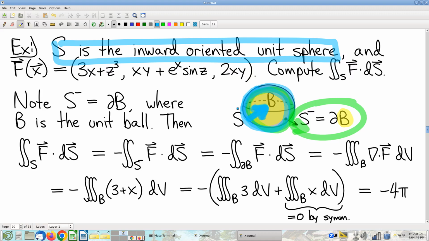We've been asked about the blue surface. I'm going to try to rephrase the question about the blue surface to instead be about the green surface. And here's, of course, the way to do it. They are oriented oppositely. And so the integral we were asked about, the blue integral, is just the negative of the green integral.